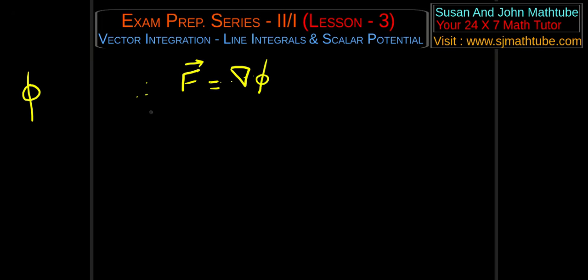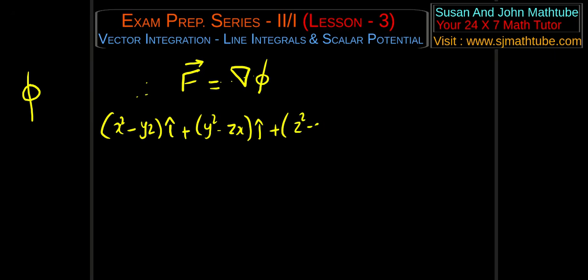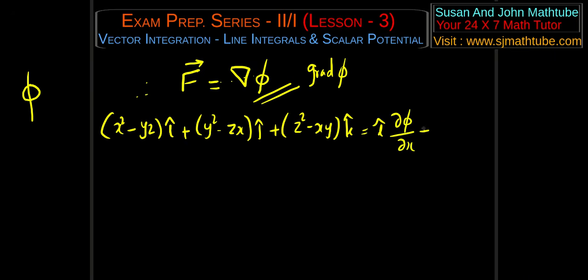And F is our given function, that is x square minus yz times i plus y square minus zx times j plus z square minus xy times k, is equal to, I hope you remember the formula from the last semester, gradient of phi or del phi is given by i partial with respect to x plus j, the partial derivative of phi with respect to y, plus k, the partial derivative with respect to z.